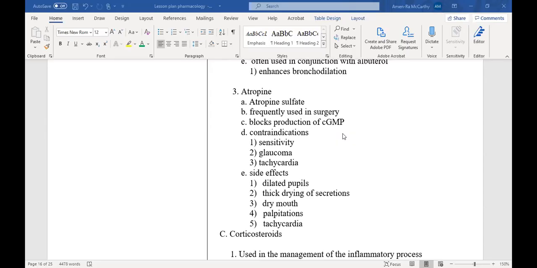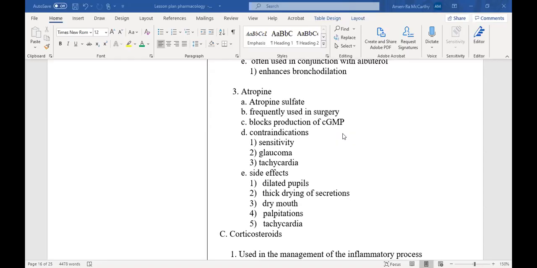It's going to block that, so it may even dilate a little bit, because that's not on deck. So if the parasympathetic nervous system is not there, then the adrenergic side is taking over, right? So if the parasympathetic or cholinergic response is to constrict the pupils, and that's not there anymore, they're going to just start opening up because they have nothing to constrict them, right? And somebody who has glaucoma already has an issue with their pupils, so you don't want to give them atropine.